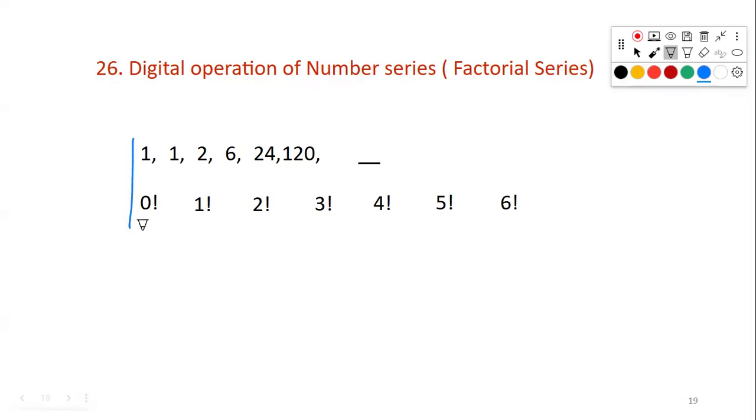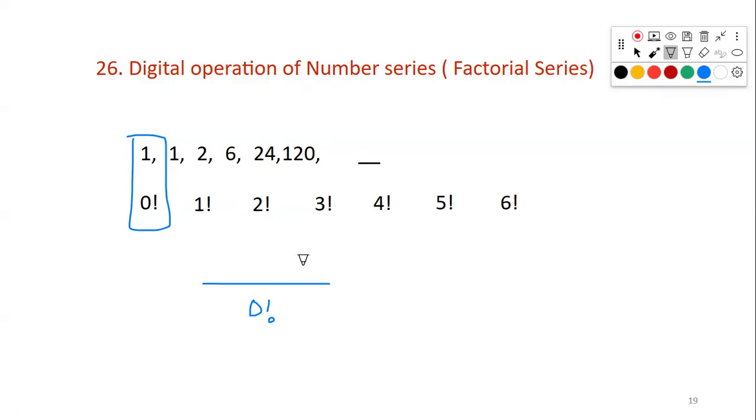Don't ask me why 0 factorial is 1, why 1 factorial is also 1. Sometimes, if you assume 0 factorial as 0, you can't go forward. When I get a denominator as 0 factorial, and if I assume 0 factorial as 0, I can't go forward.